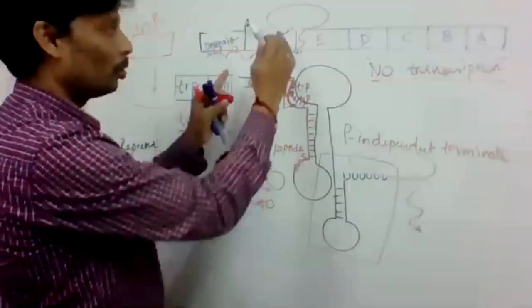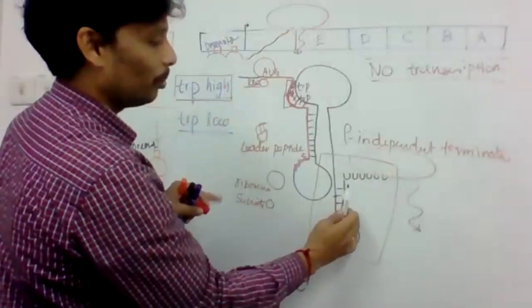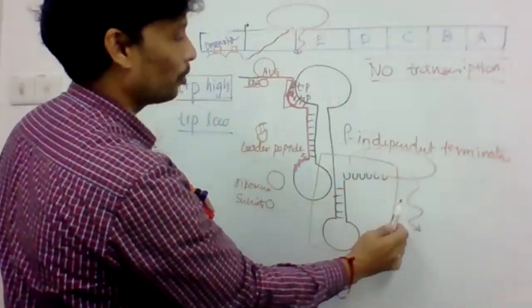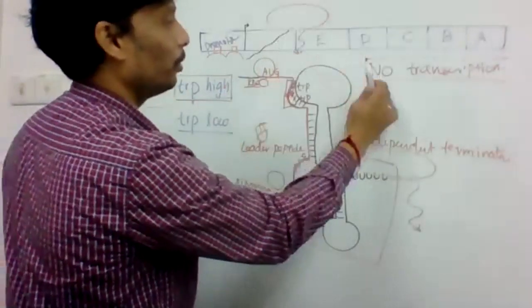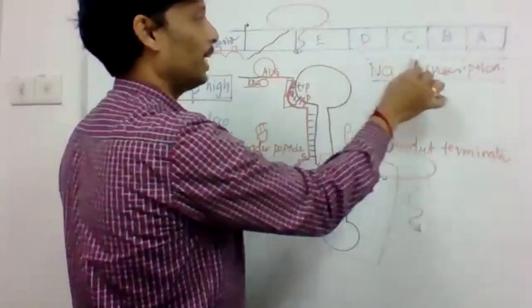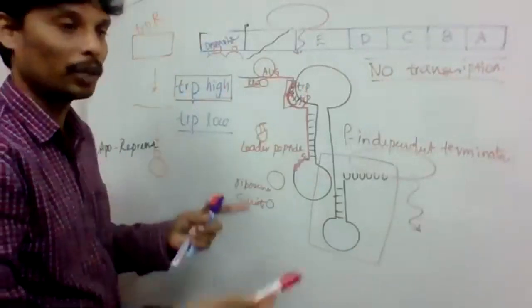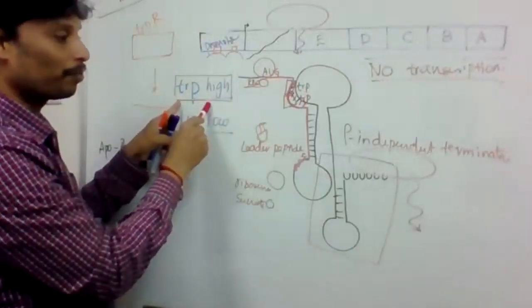When there is no change, this will act as a rho independent terminator. RNA polymerase falls off, and there will be no transcription. No transcription means no synthesis of these enzymes needed for tryptophan biosynthesis. That is what is required when tryptophan is high.